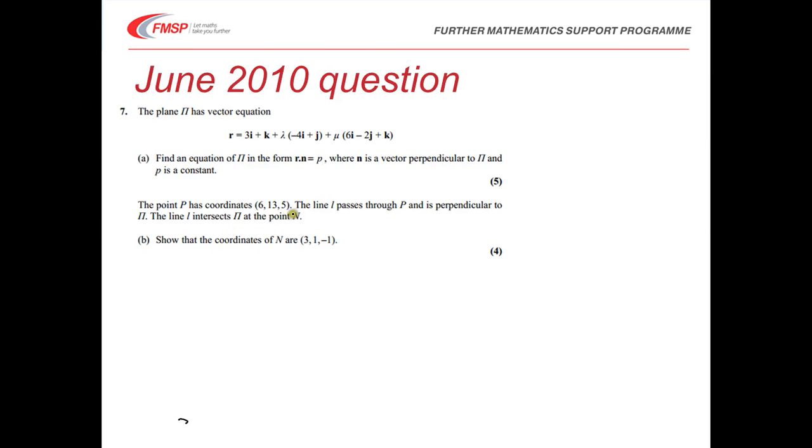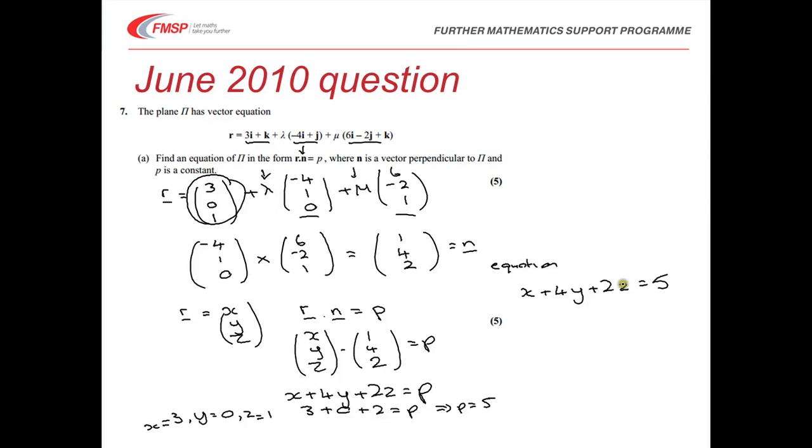So now we've got a point called P, and it might be worth drawing a diagram at this point. So maybe if I try to imagine that my plane looks like this. So this is part of my plane pi, and then we've got 6, 13, 5, which is not on the plane. You can easily check that that won't satisfy that.